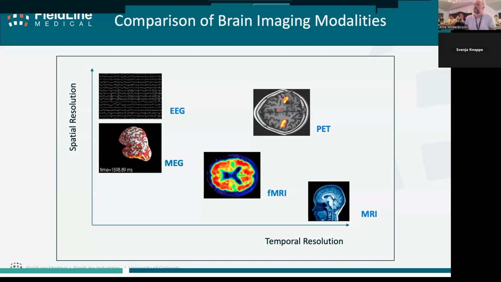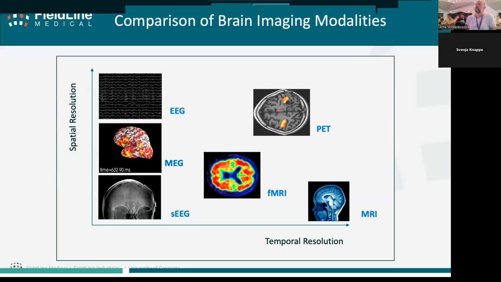Instead of gluing electrodes to your head, you place magnetic field sensors around and measure the magnetic field that's naturally coming out, and you get slightly higher spatial resolution because the magnetic fields are not distorted by the tissue, the skull, and the fluids in between.